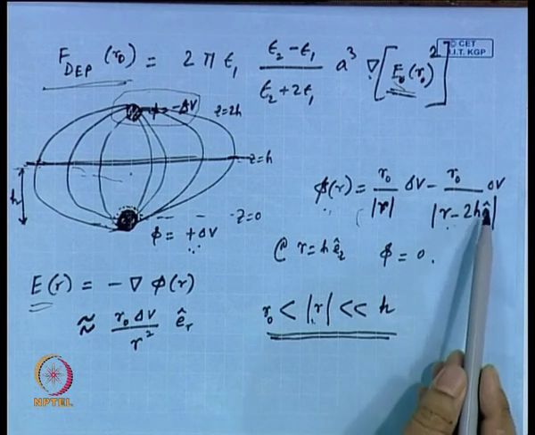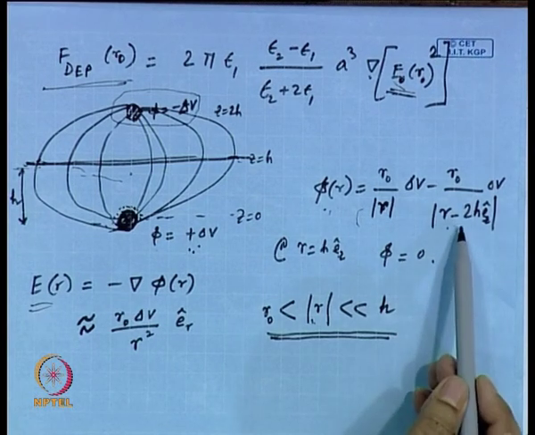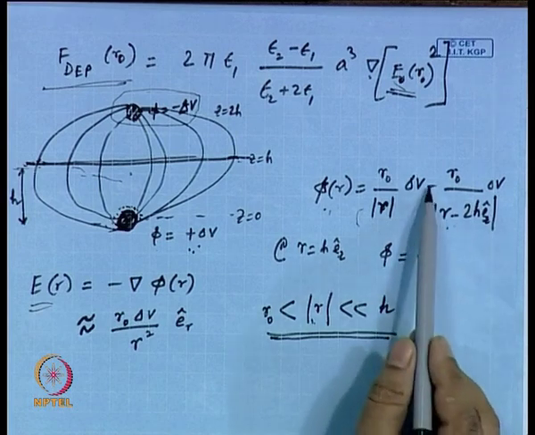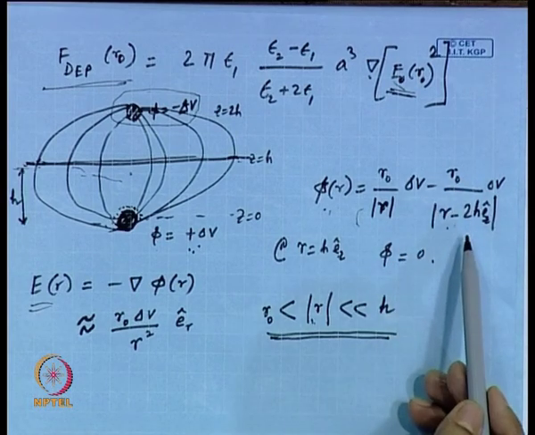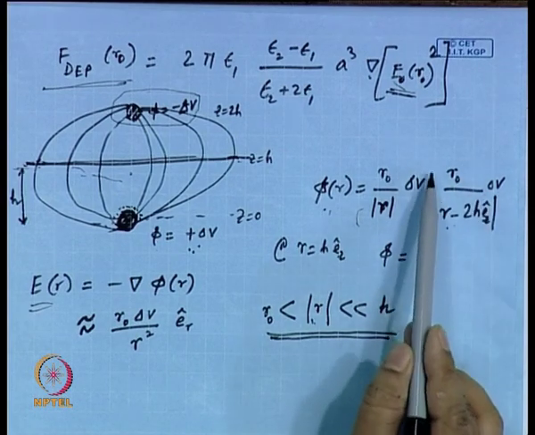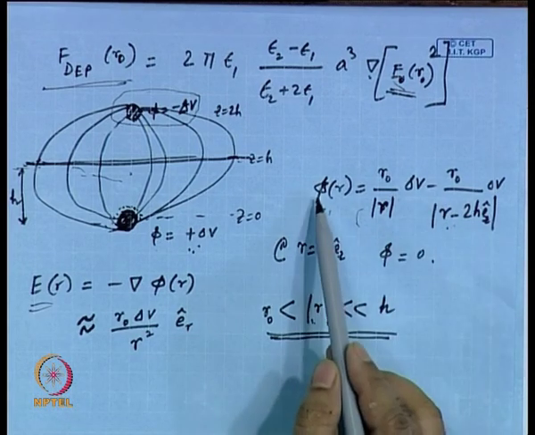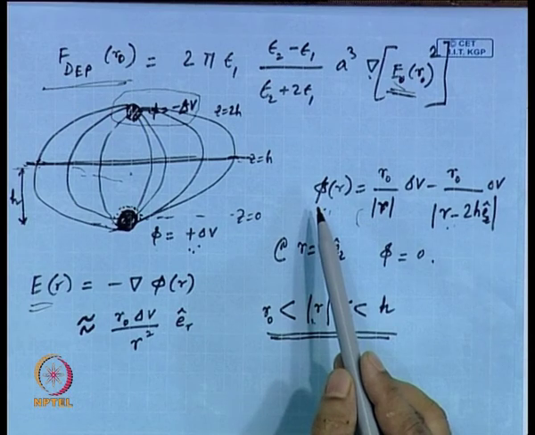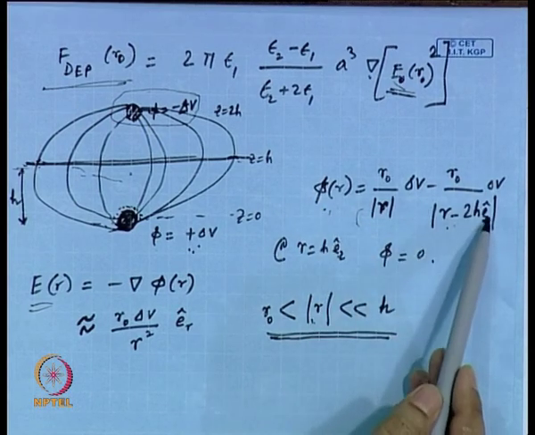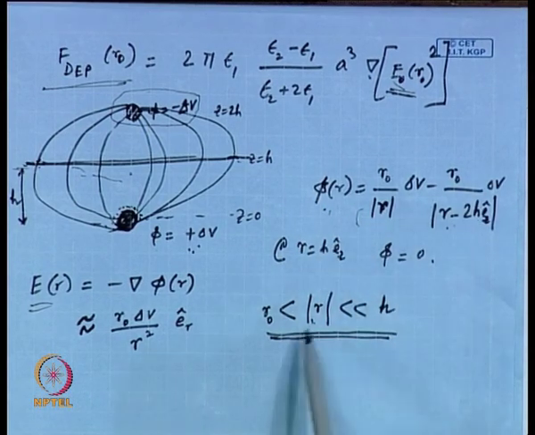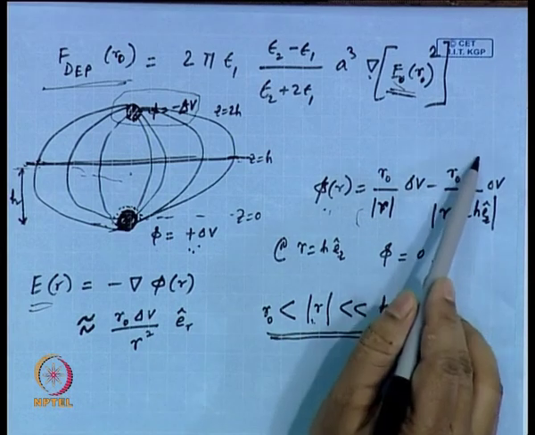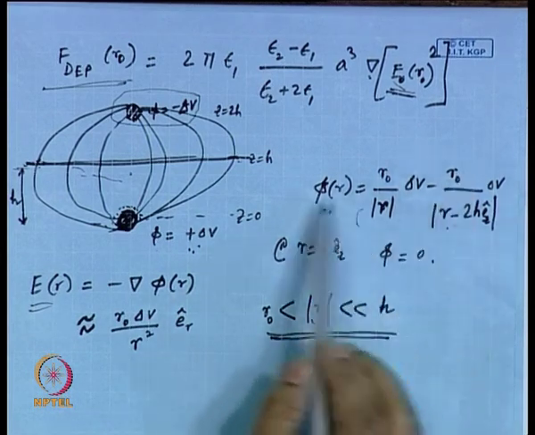So, it would be simply r0 divided by minus 2h, or this minus will cancel out, it would be plus r0 by 2h. So, this quantity becomes constant. When you take a derivative with respect to position, this term will become 0. So, these assumptions will help taking out this term in the derivative.